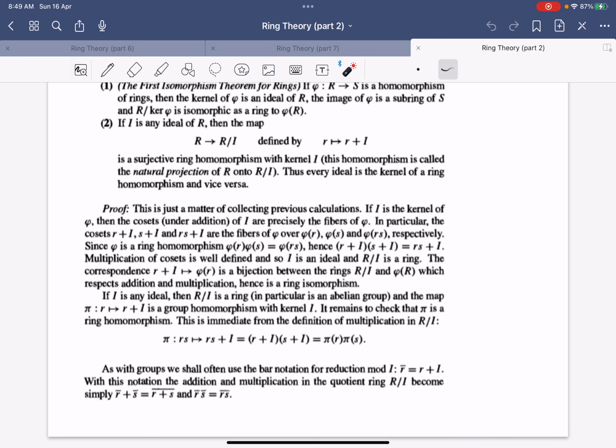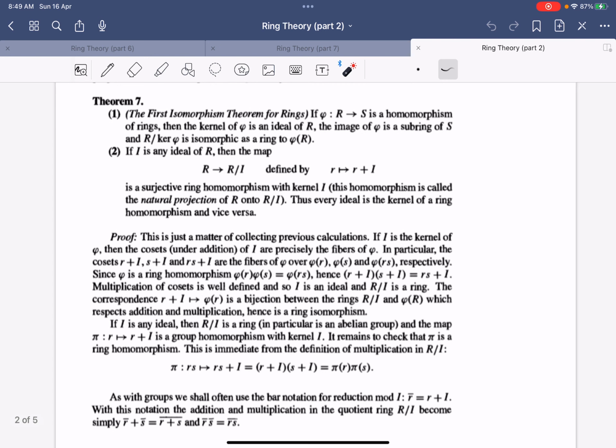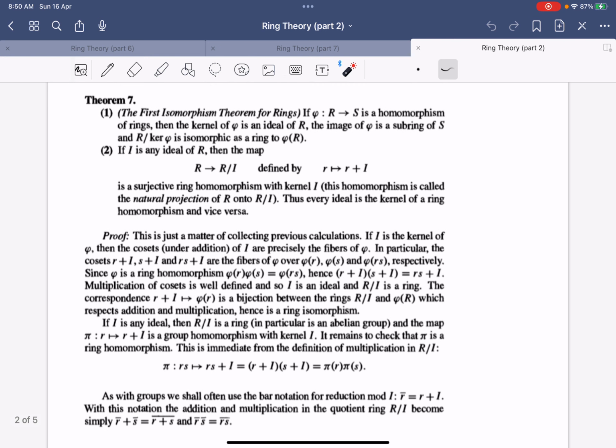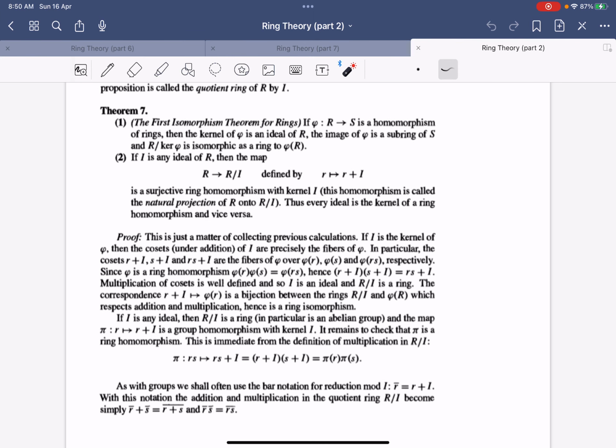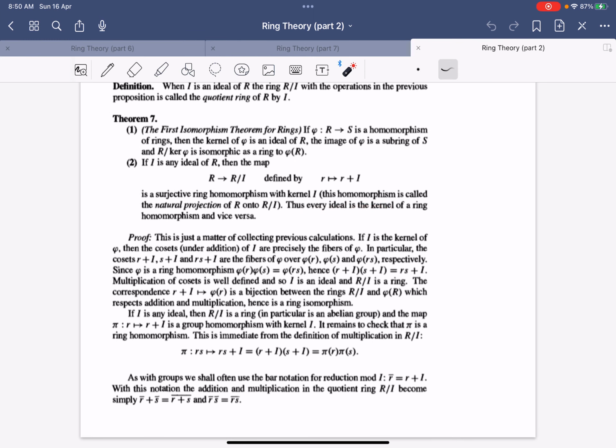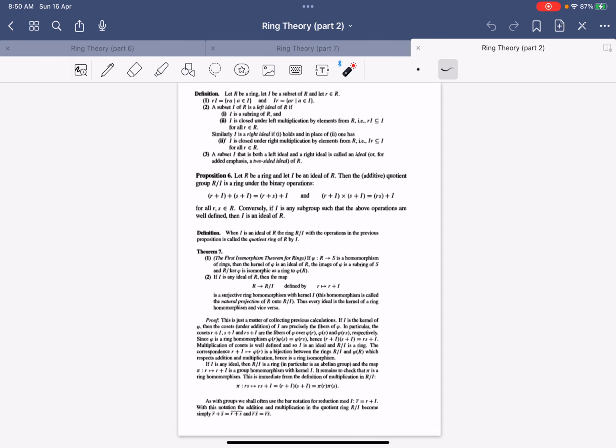Really, it's just saying if I is any ideal, then the quotient is a ring, and so you can form a map from R to R/I, which is a group homomorphism with kernel I. Then you just check that this phi is a ring homomorphism. So you have now shown that for any ideal, you can define a ring homomorphism with the ideal as its kernel. Thus an ideal is the kernel of some ring homomorphism.